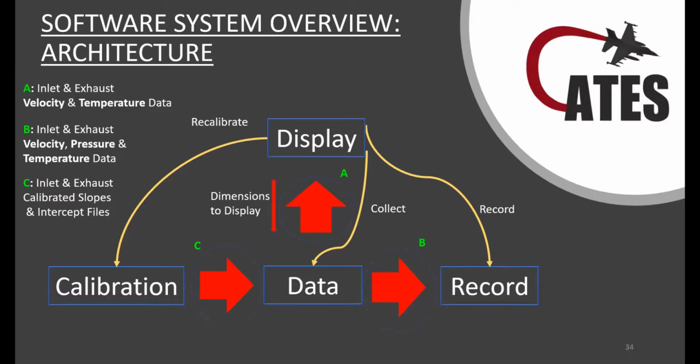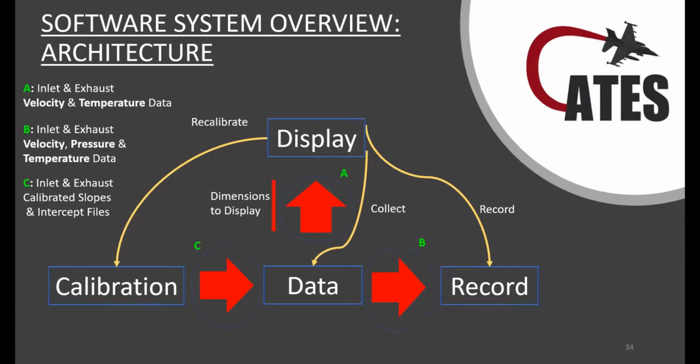We determined that there were going to be four main higher-level functions for this program: calibration, data, record, and display. Starting from left to right, the calibration is responsible for sending calibration files to the data, which basically allow the data to make sense of the currents and the voltages that are being received.